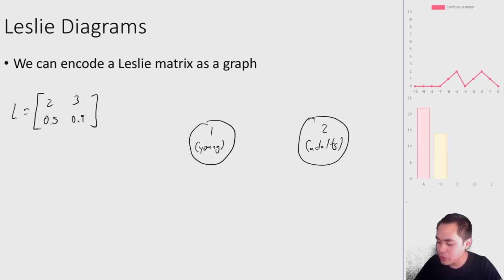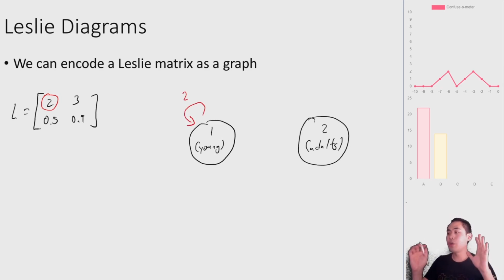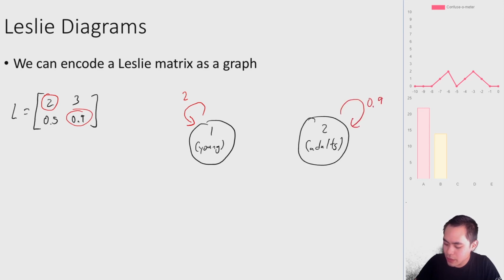We'll take this arrow, and that's going to be a circular arrow from node 1 to itself, because this is how many young there are as a result of each young member of the population in the previous generation. And then you do the same thing with your 0.9 here. In each column, you look to see, here, this is row 2, column 1.